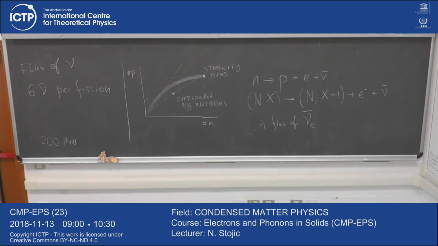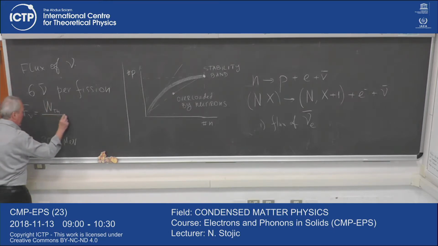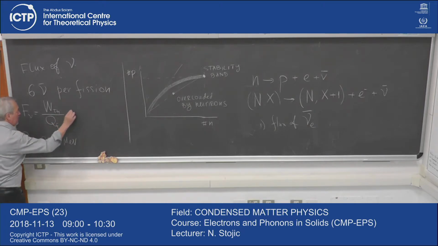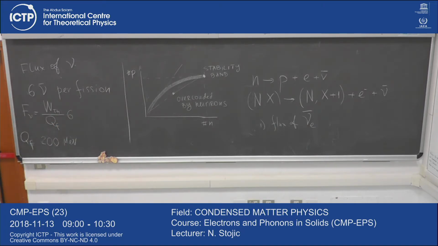So then you can easily compute the flux of neutrinos as the total thermal power of the reactor over this, let me put here Q thermal, over Q fission, multiplied by 6. So this is how you can compute the flux of antineutrinos.